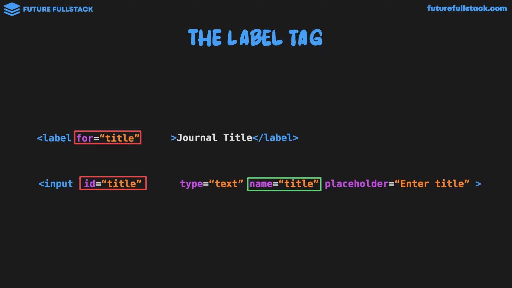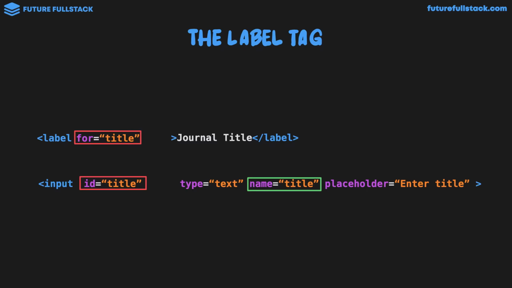When you get more comfortable with HTML, you'll likely name your attributes like this. And it is totally fine because the ID and for attribute and name attribute are doing totally different things. The ID attribute of title is just being used to link to the for attribute of title in the label. It's just connecting our input and label.